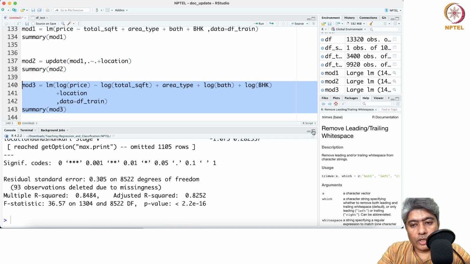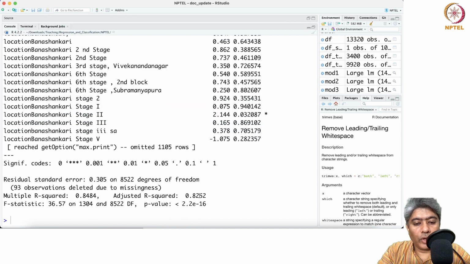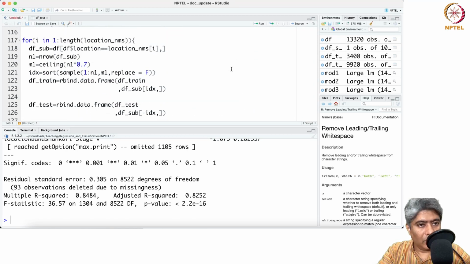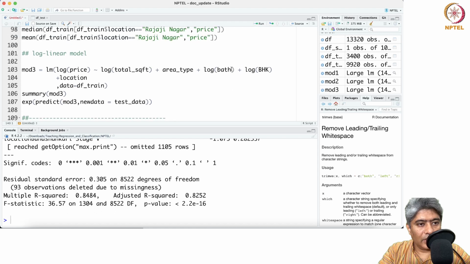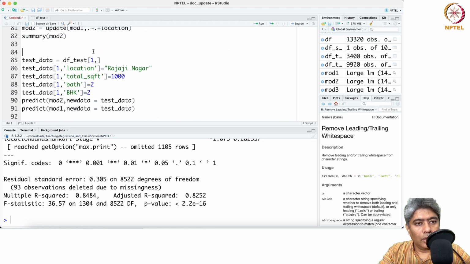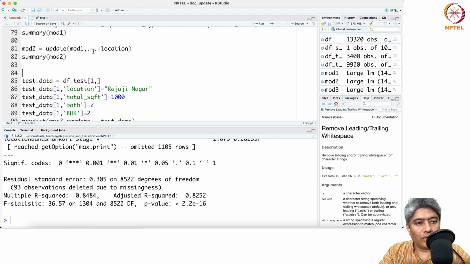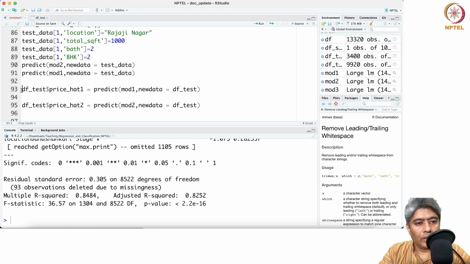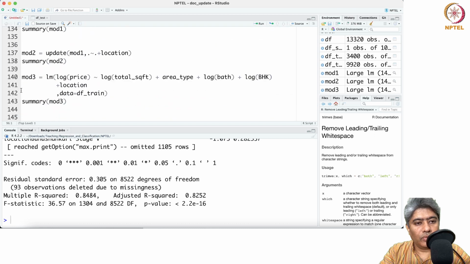So in the third model, it is giving us accuracy up to 82%, but these are in sample accuracy. Remember that. So you have to be a bit careful about these kinds of accuracies. So first we have to check the out of sample accuracy. Let me just copy these two lines and paste it here.